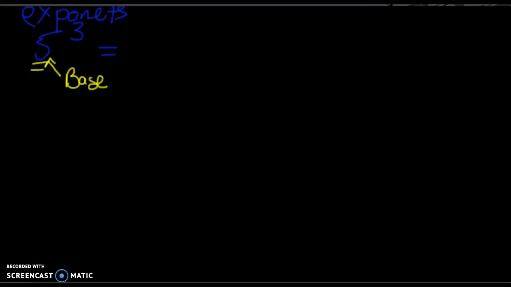We're using base 5, and when we say the words base 5, it's the basic building block of the exponent. It's the number we're multiplying together. And in this case, we're going to be multiplying by 5 3 times. It's 5 times 5 times 5.